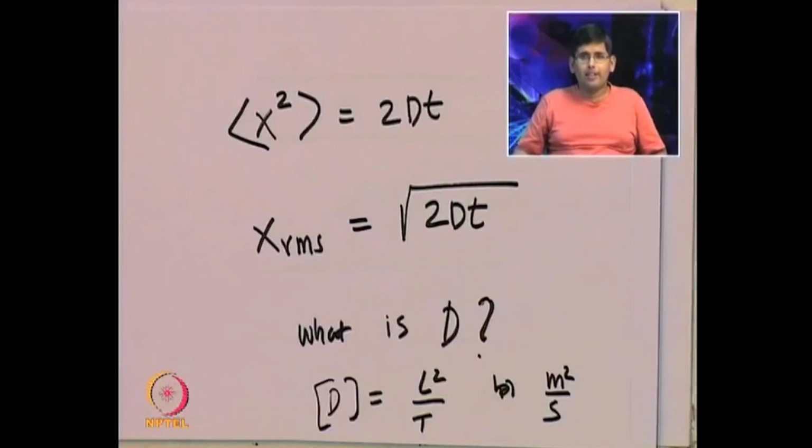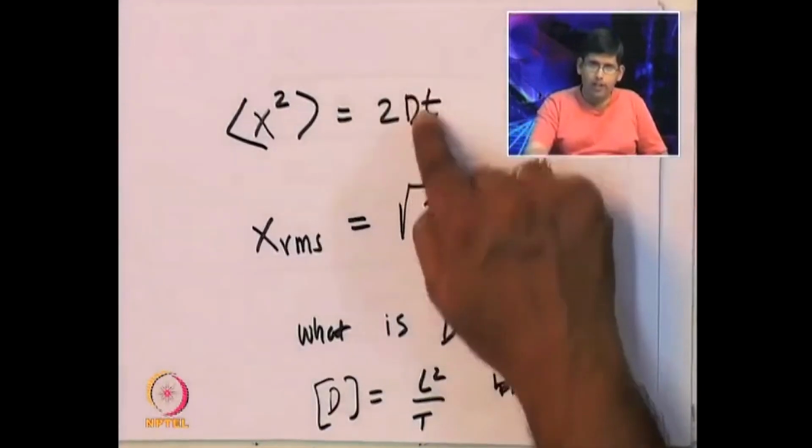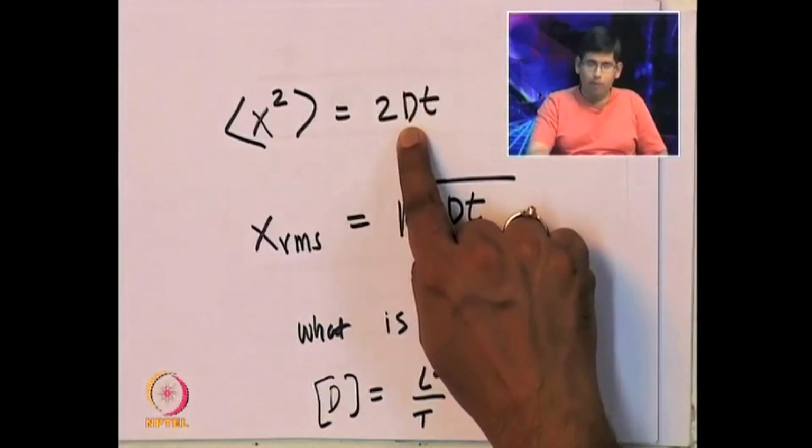You can imagine that if the temperature is very large, things will diffuse out very fast. Higher temperature, higher diffusion. So the information about the temperature, viscosity, all the properties of the medium is put into this one quantity called D. So the D contains the property of the medium.